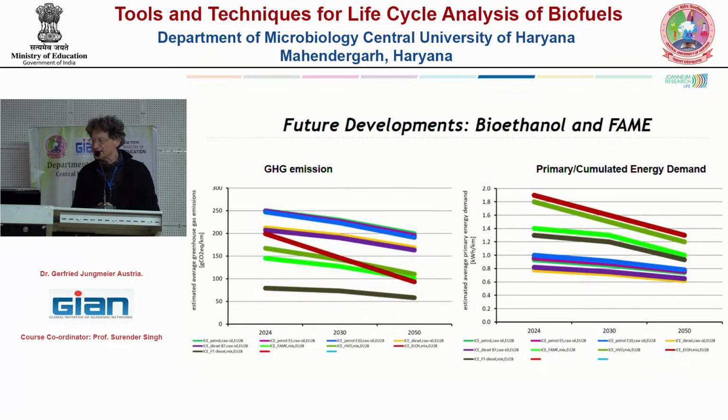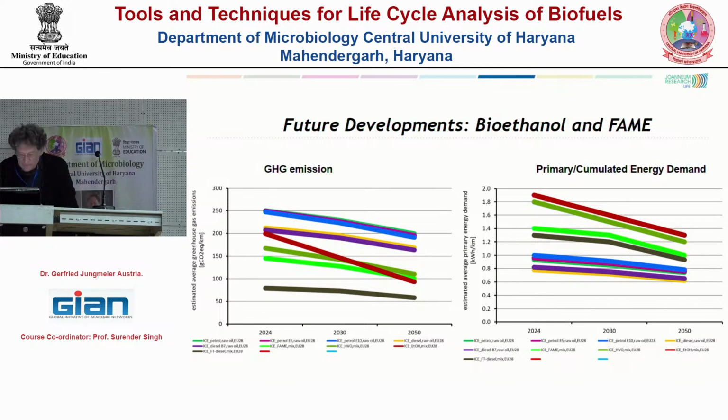And this is just a summarizing of many different biofuels. In the overall project, we have analyzed, I think one is the diesel and one is the, I have to check, no, they are all biofuels, but also biofuel blendings. And the expectation is at least that they all will decrease in future.